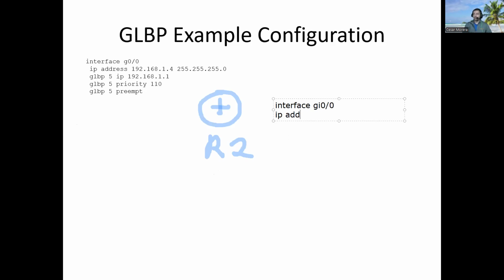Then you have the IP address 192.168.1.4, and then 255.255.255.0.